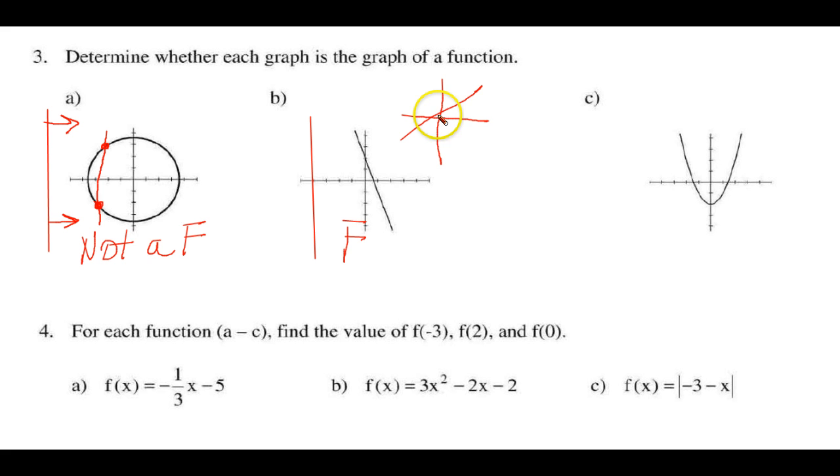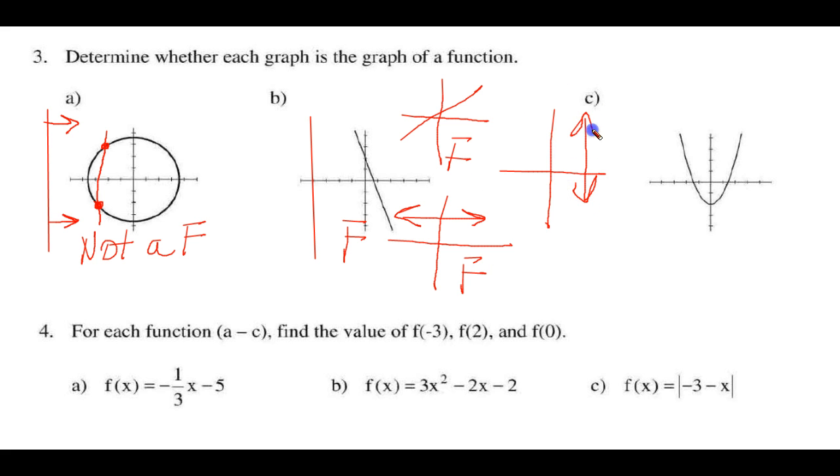Would positive slope pass the vertical line test? Yes, that's a function. Would zero slope pass the vertical line test? Yes, that's a function. How about a vertical line? Would a vertical line pass the vertical line test? No, it's going to intersect in an infinite number of places. So this is not a function.